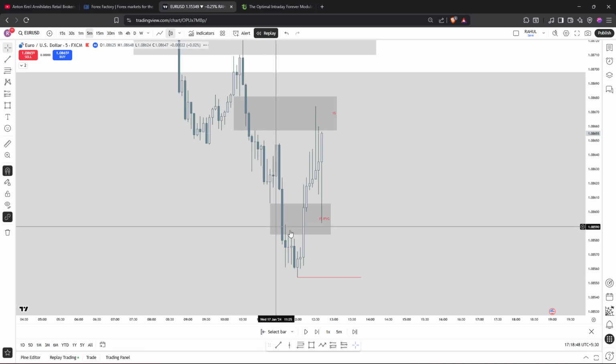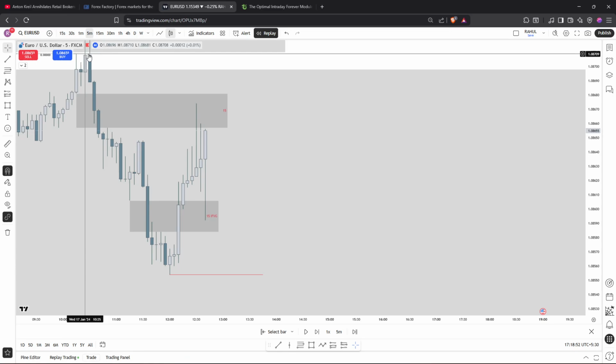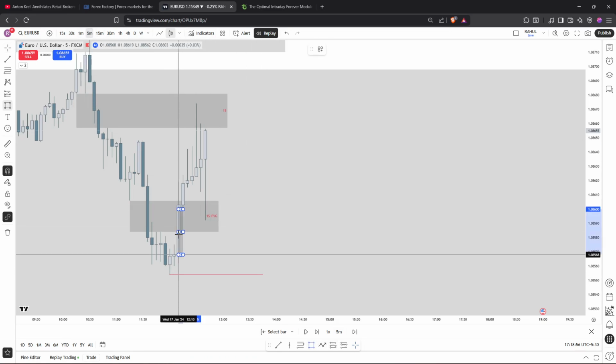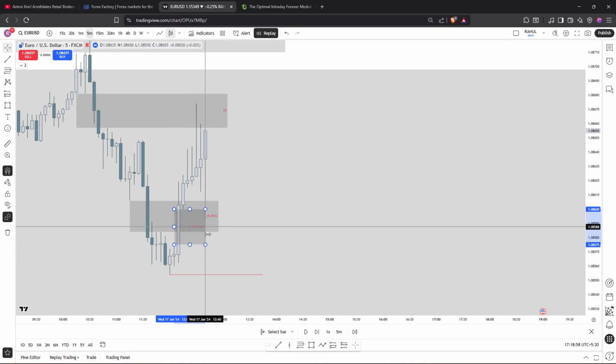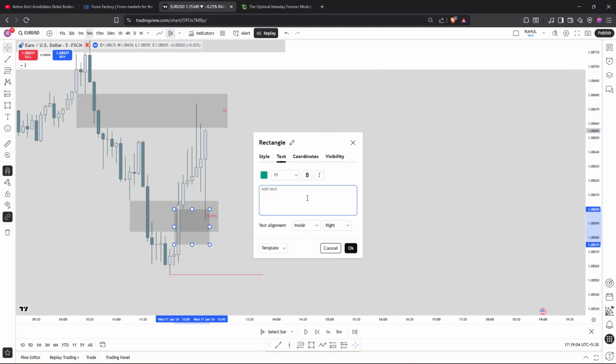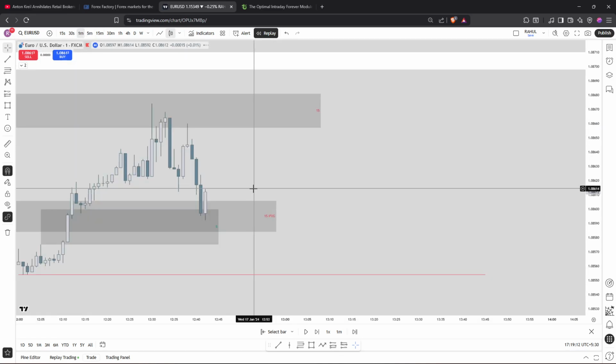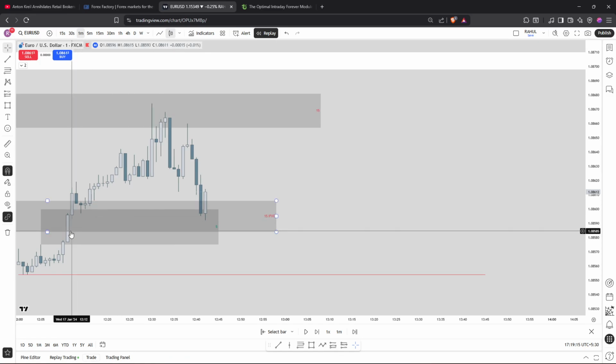On the 5 minute we got an FBG here. There is an FBG here. 5 minute bullish FBG. So we can use this as a criteria. This is the high of the FBG.